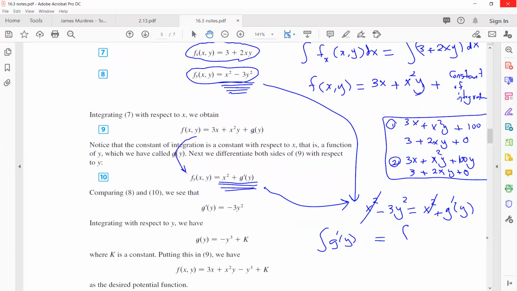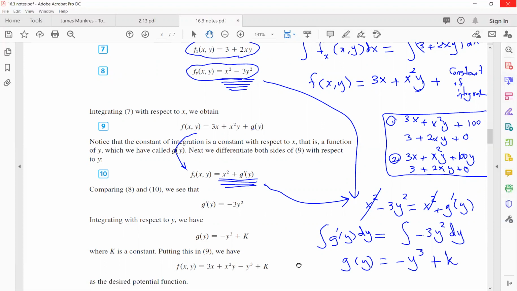is equal to the integral of negative 3y squared. We are taking the derivative with respect to y, so we are taking the integral with respect to y as well. So the integral and the derivative cancel each other out. You have g of y equals negative 3 over 3 y cubed, or negative y cubed, plus a constant of integration, which in this case is just a number.